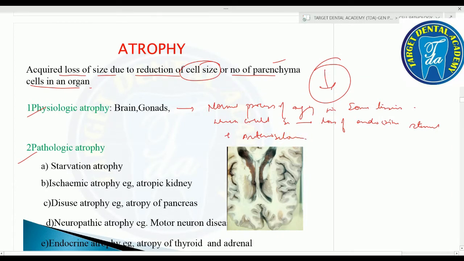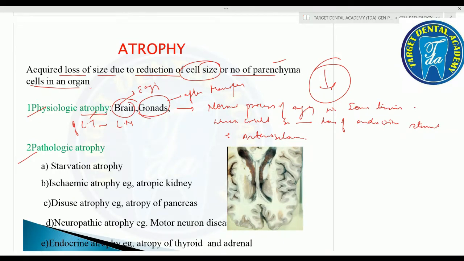Fine. So in this, there may be atrophy of the lymphoid tissues in the lymph node, atrophy of the gonads after menopause, and atrophy of the brain with aging. Fine. So this is all about physiologic atrophy.